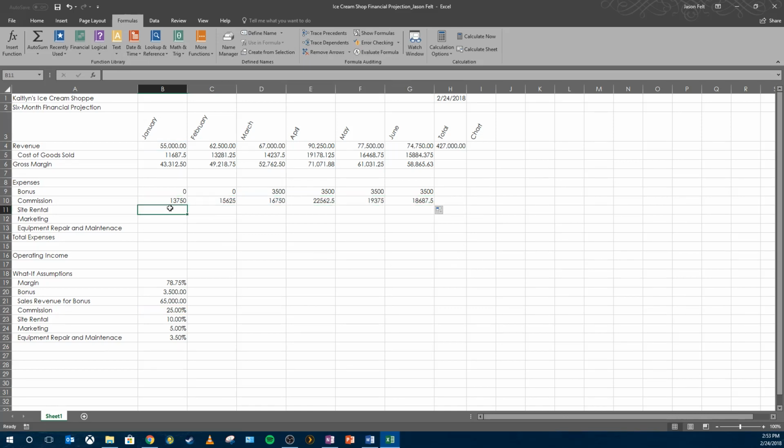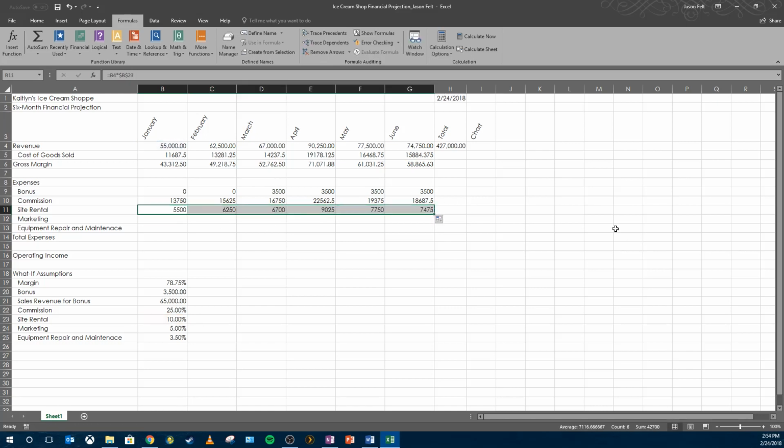Okay, site rental. B4 times B23. Okay, so our site rental is going to be 10% of whatever we make. 5,500. We move it across. We look, oh wait, that's not true. Absolute cell reference.